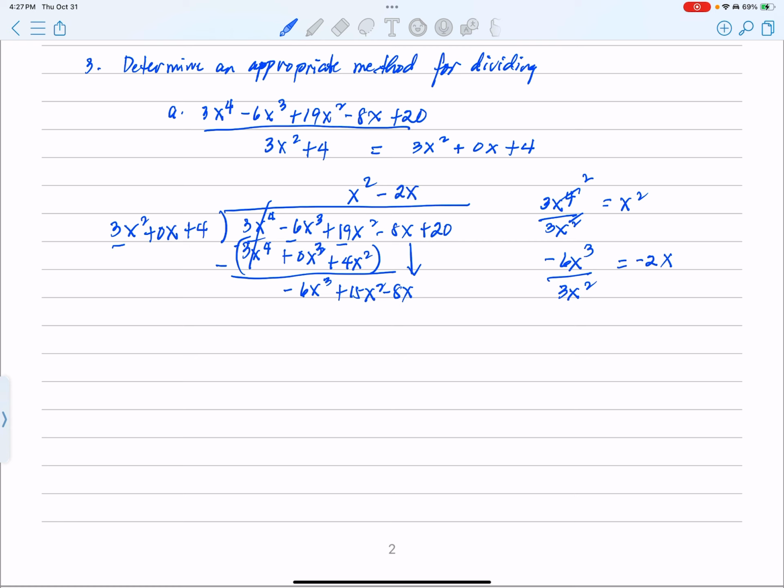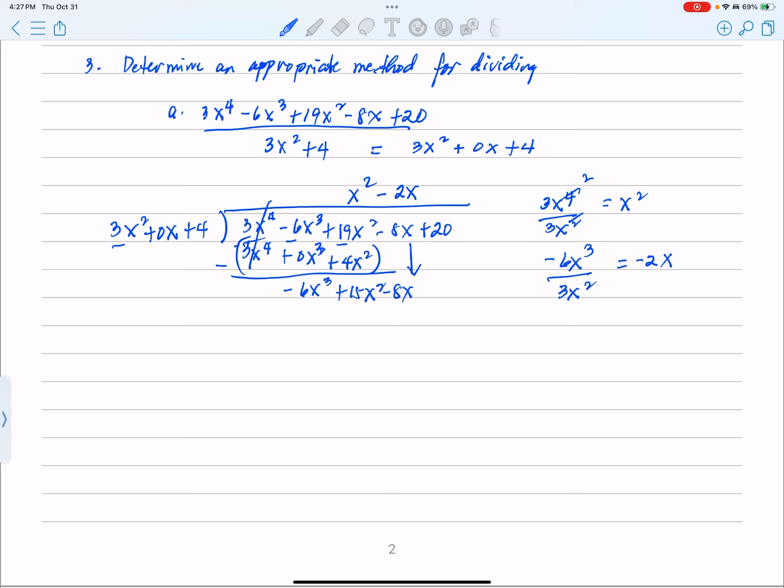So we cancel those here. Bring down 20. Okay. So 15x squared divided by 3x squared, that is 5. So put the 5 at the top here.